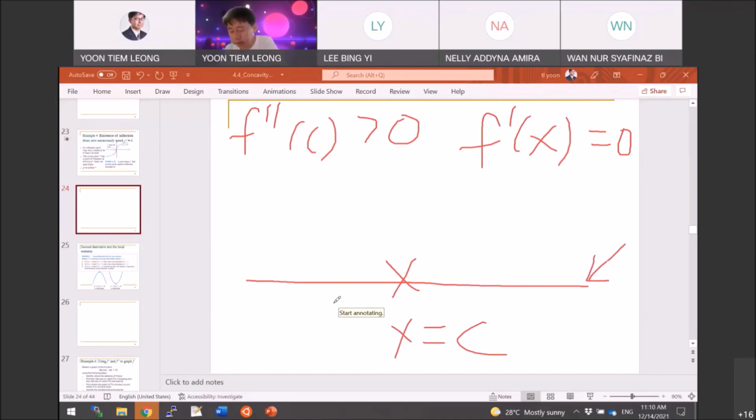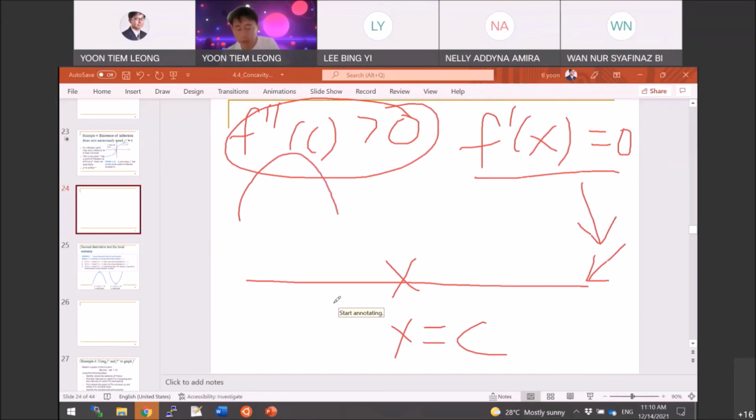So f prime equals 0 translates into the statement that the slope of the function is flat. And the second condition translates into the mathematical fact that the concavity is positive. A concavity that is positive is like this, right?